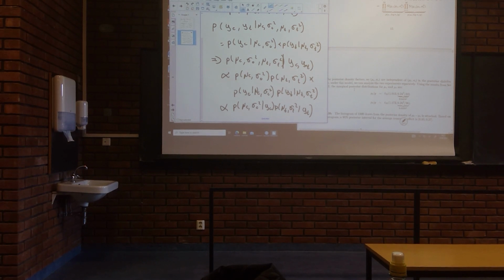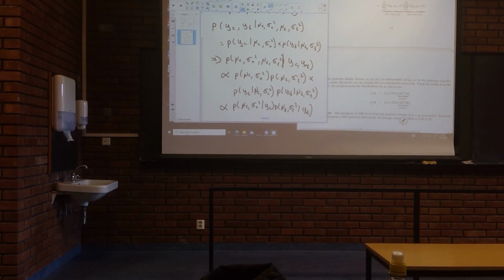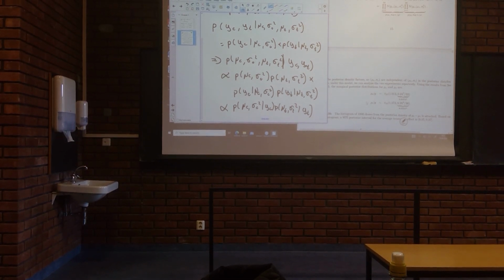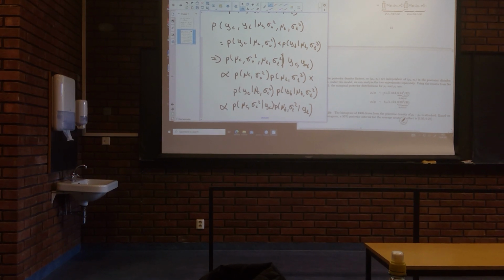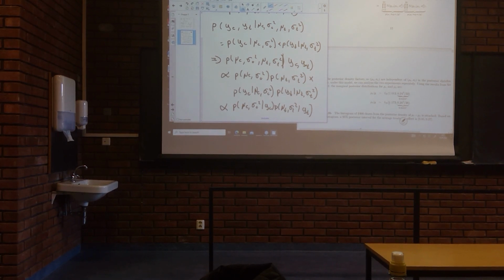Okay, so this means that we can obtain the marginal distributions for the two different expectations. We also have the simultaneous distribution because they are independent, so the simultaneous is just the product of these two distributions. But now comes a bit more complicated part, because what we are interested in is the difference between these two parameters, mu_c and mu_t.